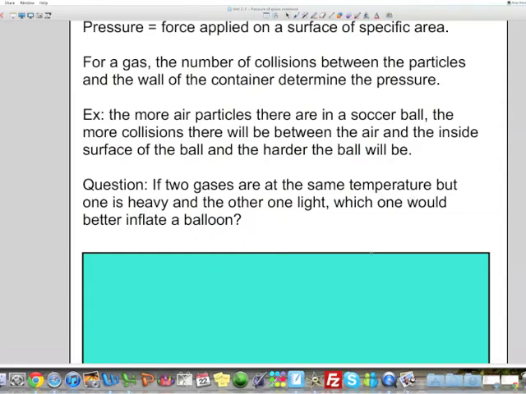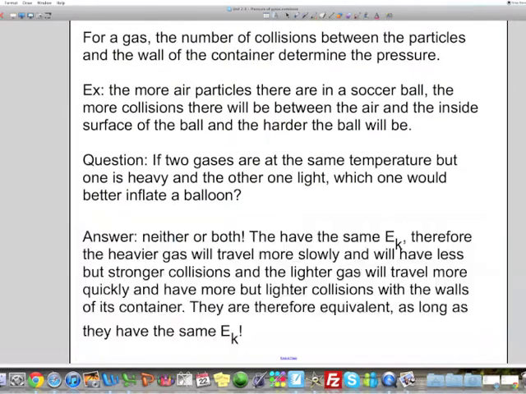It's just that one will take longer to inflate than the other because of the nature of the gas, which is heavy or light, and therefore will influence at what speed those particles will diffuse through the balloon through translation and therefore inflate it. Okay, so that's basically what you have under this box here. So it's neither or both. Okay.